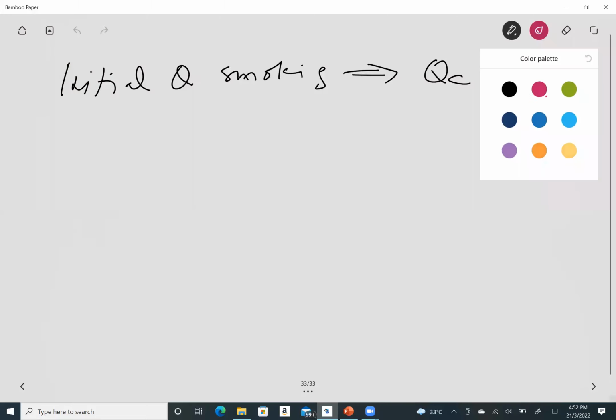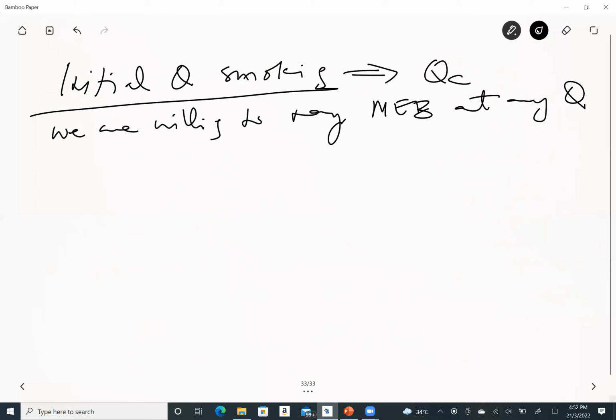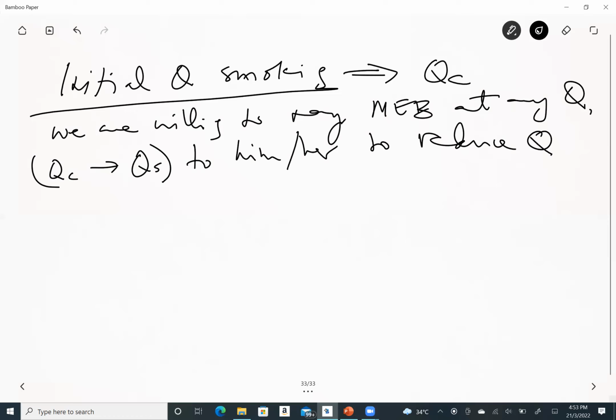Let me summarize. If the initial Q is smoking at QC, here we are willing to pay MEB at any Q, that means from QC up to QS, for him to reduce Q, or in the example, reduce smoking.